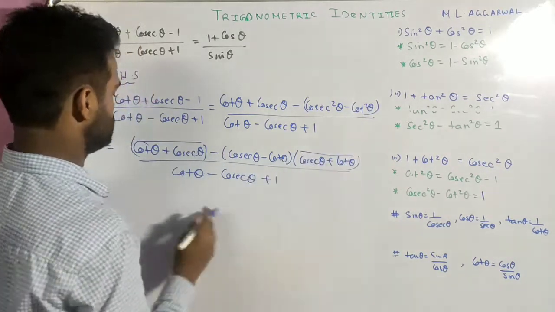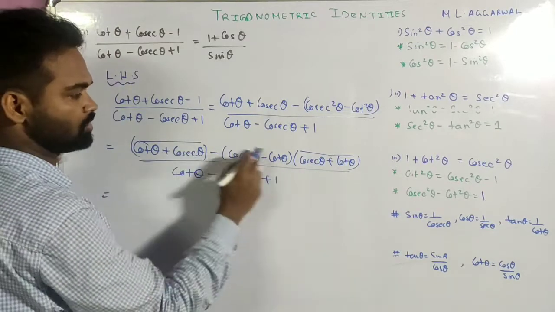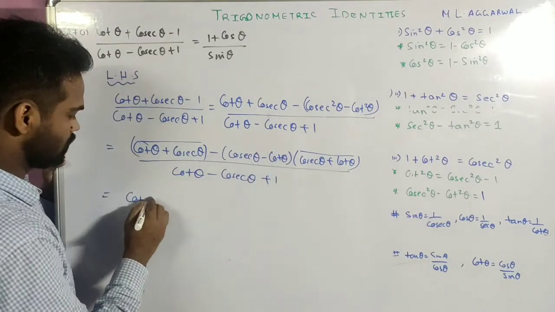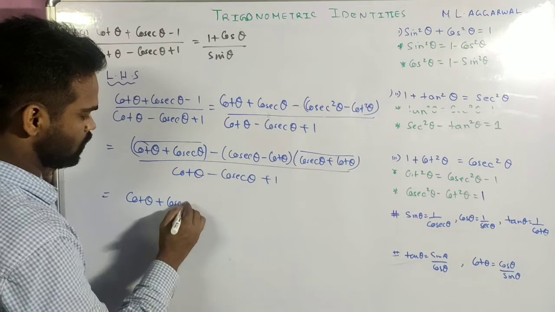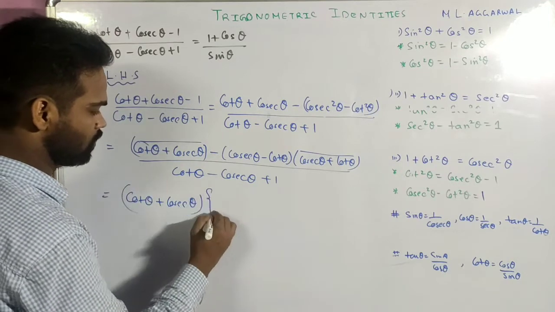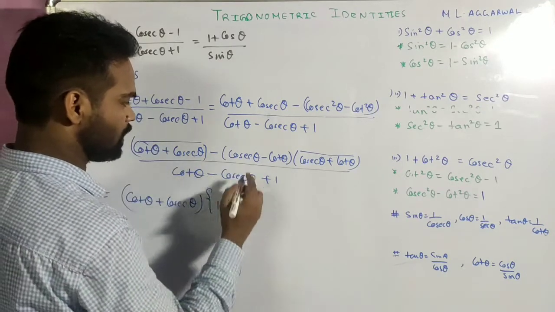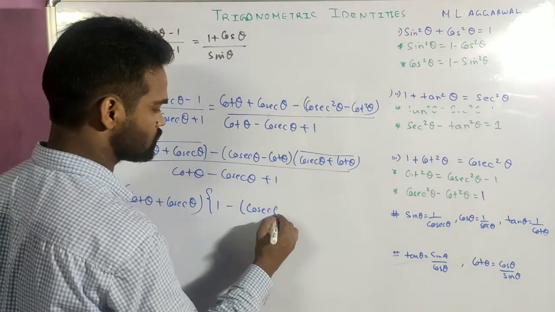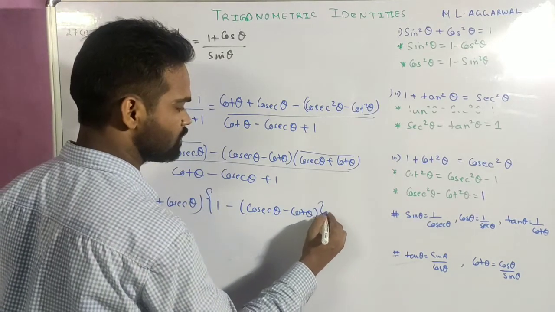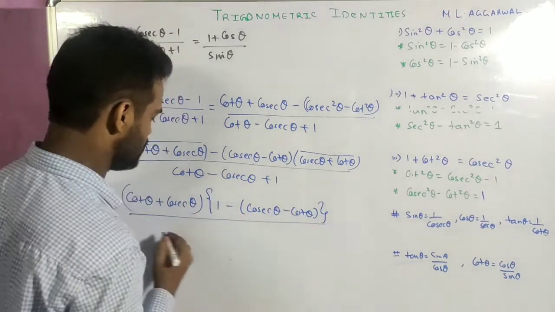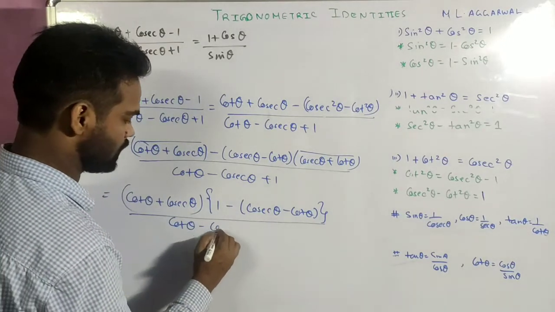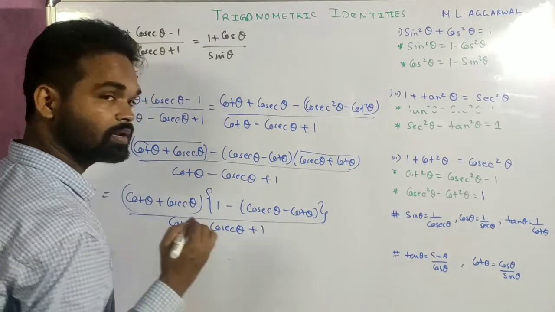This cot theta plus cosec theta is common in these two terms. So I'll take cot theta plus cosec theta common. So what is left? Over here 1 is left. Over here minus cosec theta minus cot theta is left, isn't it? By cot theta minus cosec theta plus 1.